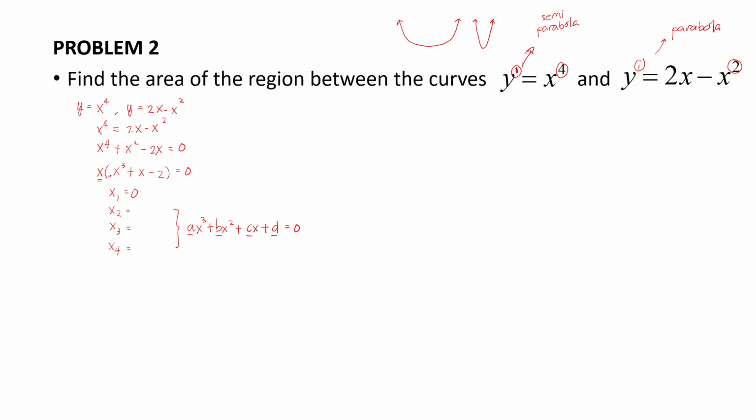So we have 1, then b is 0, so 1, 0, 1, and then negative 2. Try looking for the roots in your calculator. I don't have my calculator, so I'm just saying it from memory. I think it's mode 5 or mode 2.